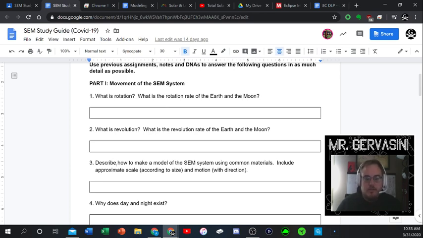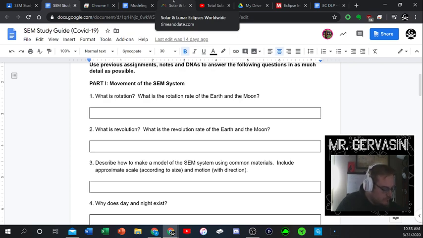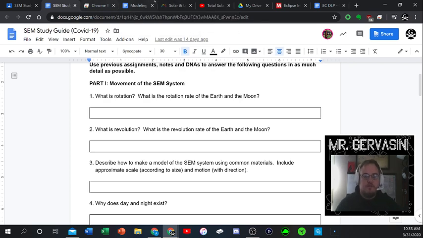All right, so I'm going to be talking about number 3 a little bit. Describe how to make a model of the SEM system using common materials. Include approximate scale according to size and motion with direction. Any of you want me to take a look at your model? If not, I'll find one. I have a couple in mind.